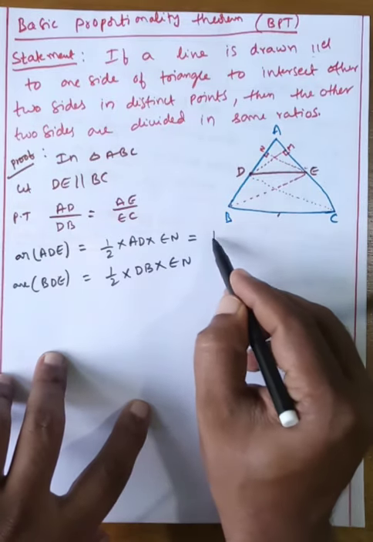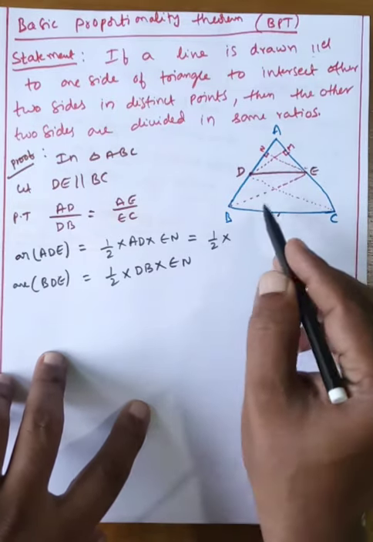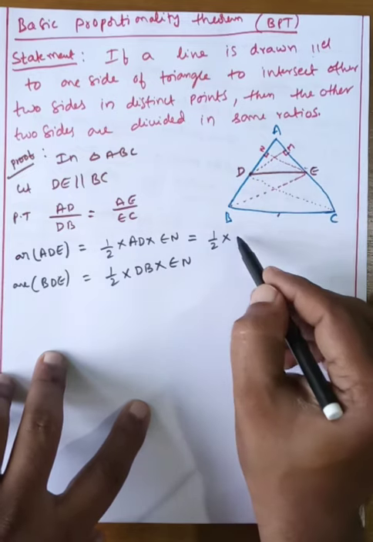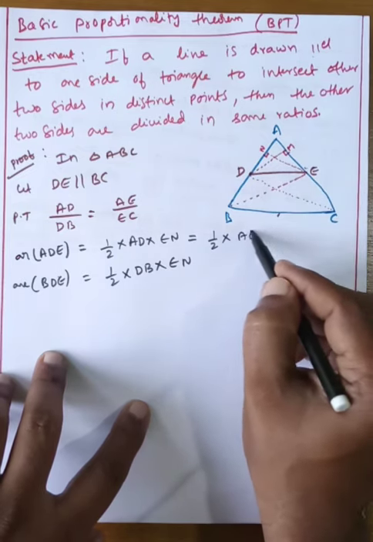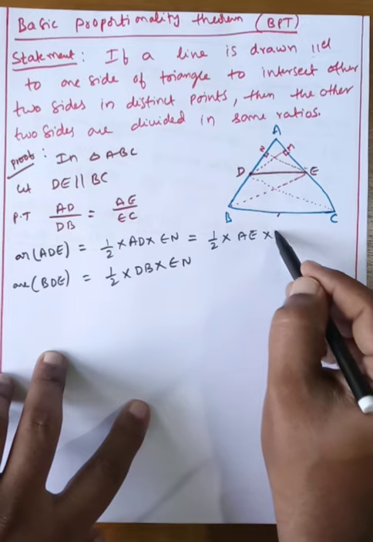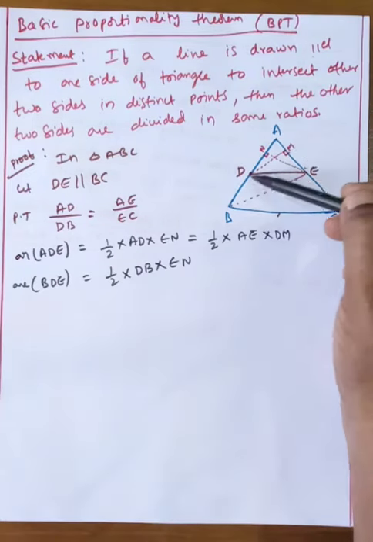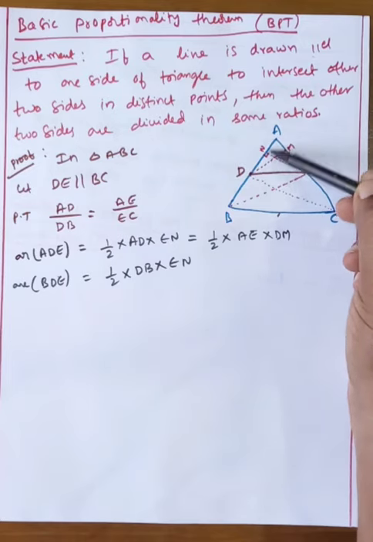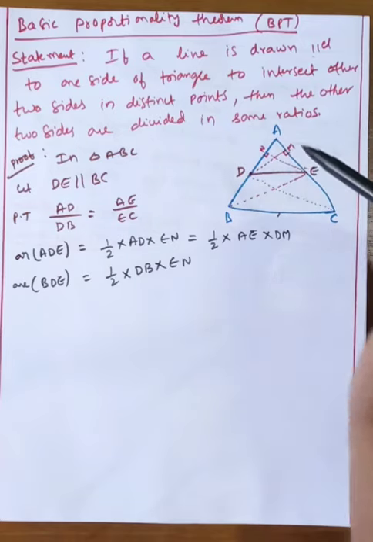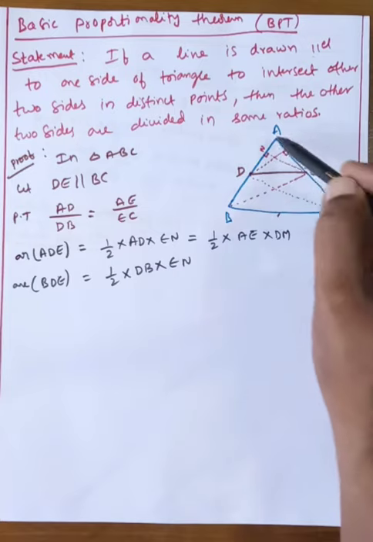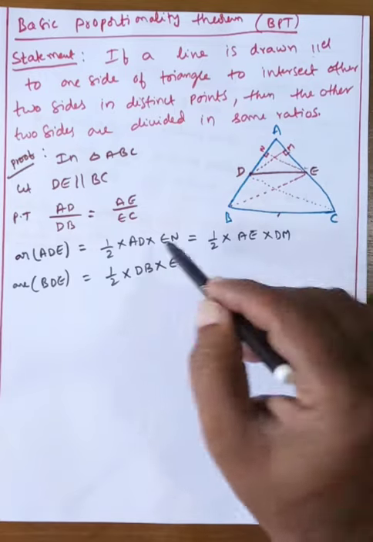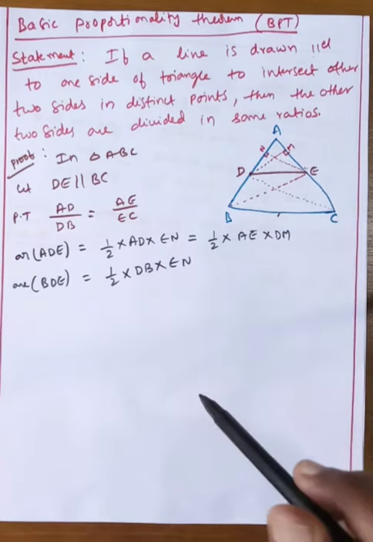Yes, this is also half into AE into DM. First I take the base AD, the height is EN. Suppose I take the base AE, the height is DM. That's why I am writing that one. BDE is over.